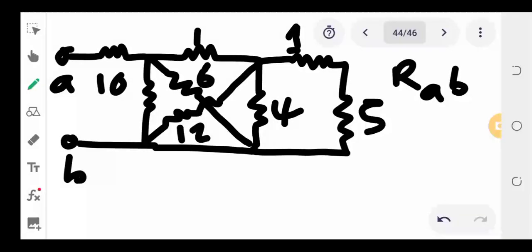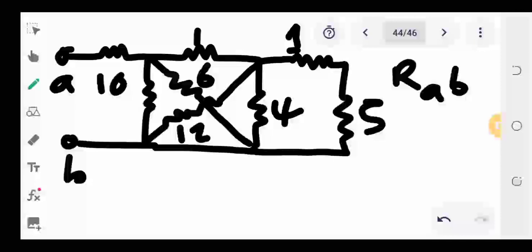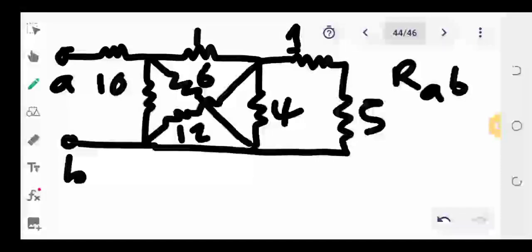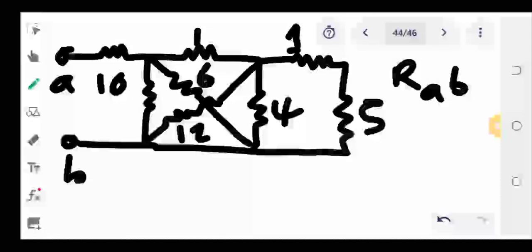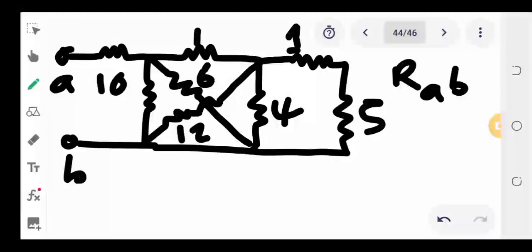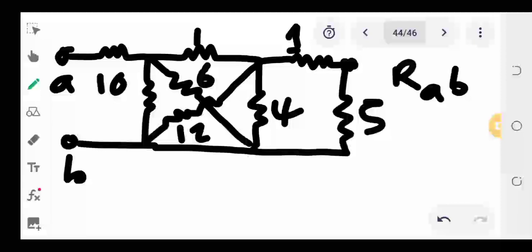Each terminal of the individual resistor is connected to a single node, like we have the terminal for the 1 ohm resistor and the terminal for the 5 ohm resistor connected to this node. So we do have a series arrangement in this case.